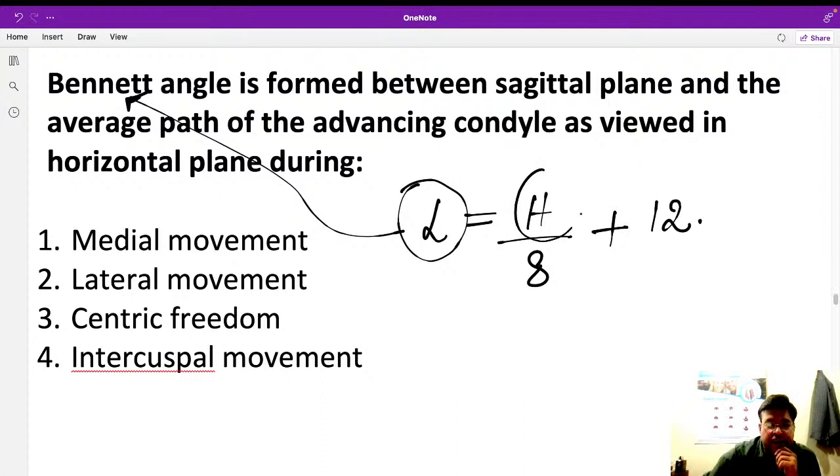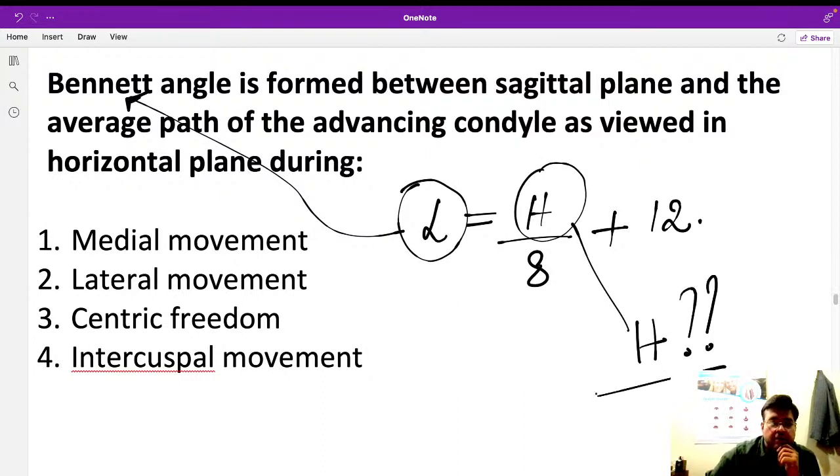What does H stand for? In the Bennett angle, what is H?